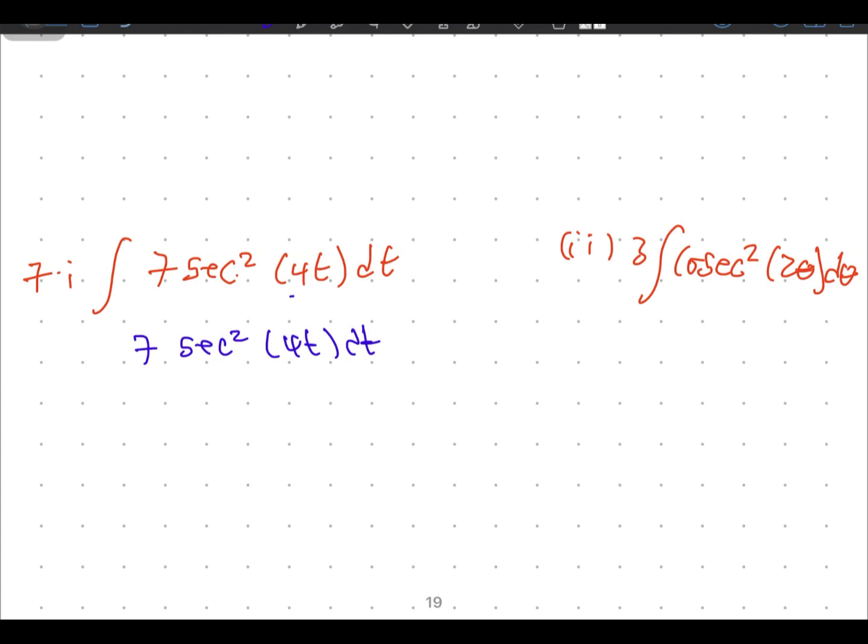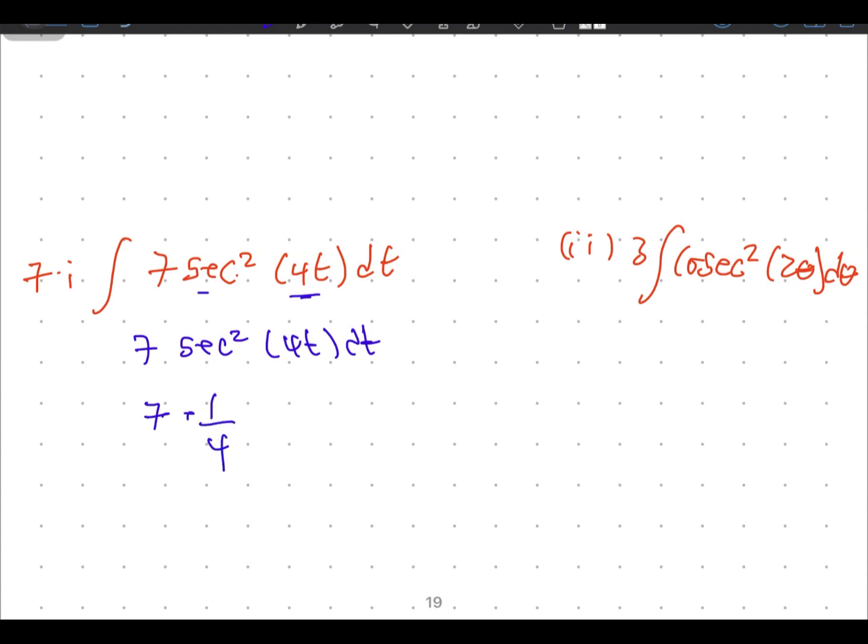As I said, when you differentiate whatever is in the brackets, you divide, and then you refer to the standard integrals to integrate the sec square x. So when we do that, we are going to get 7, and when I differentiate 4t, I'm going to get 4. So I'm going to divide it to be 1 over 4.